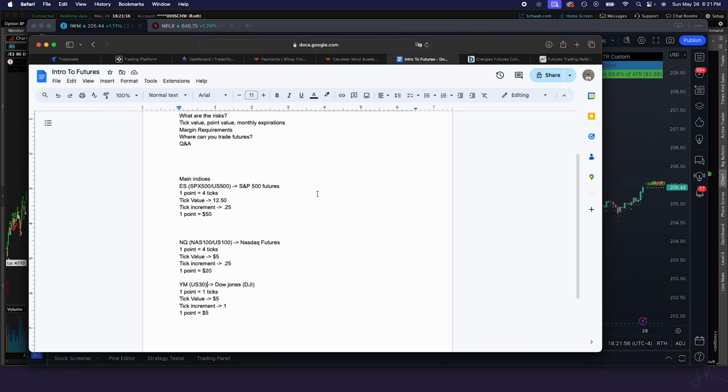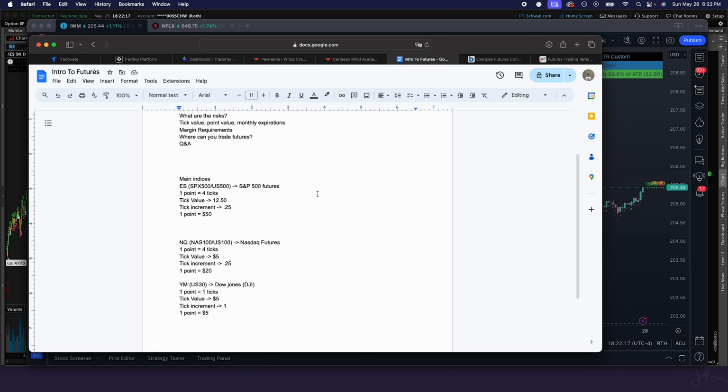Cool. So a question that I tend to get is, people always ask me, hey, how much does one ES contract cost? Because if you're coming from options, we're paying whatever the premium is for that specific contract, strike price, expiration, etc. But futures is different. Like I mentioned earlier, in futures trading you're using margin.